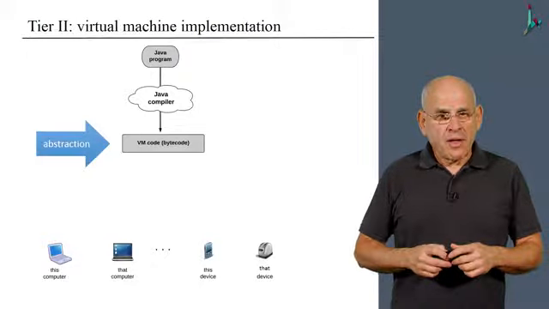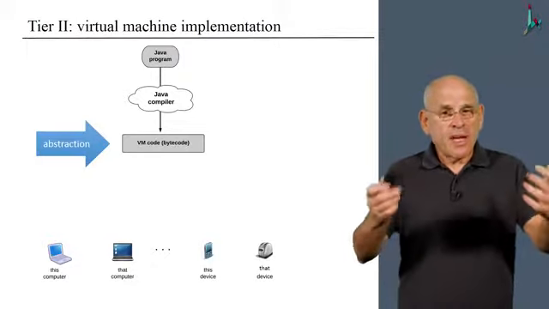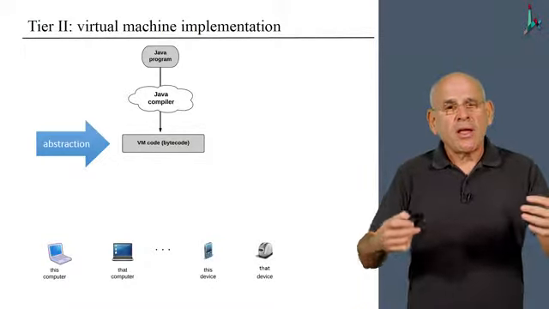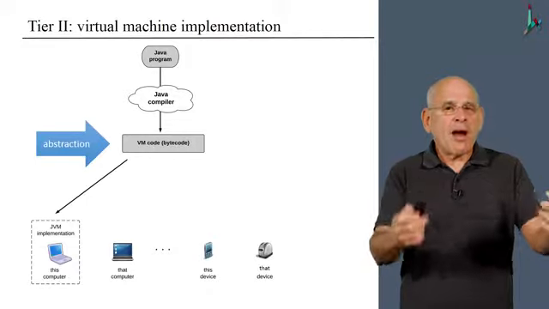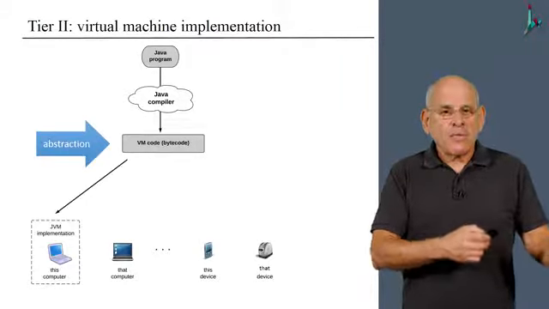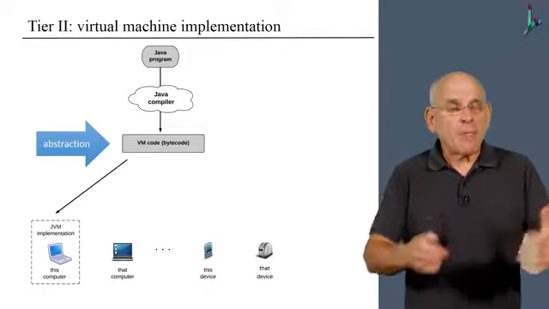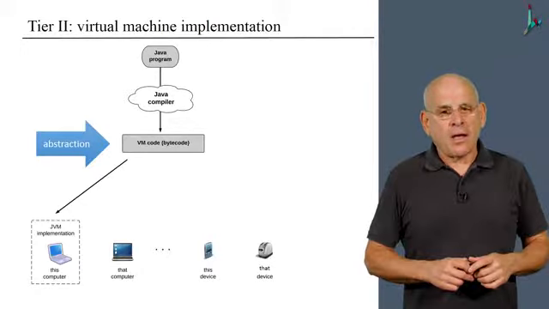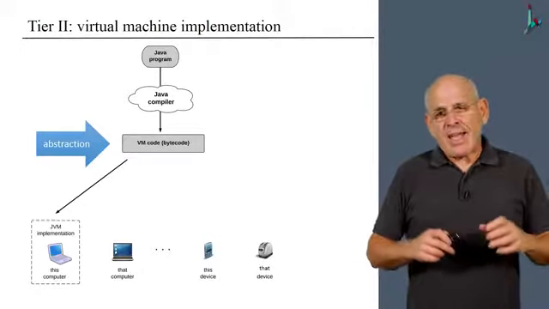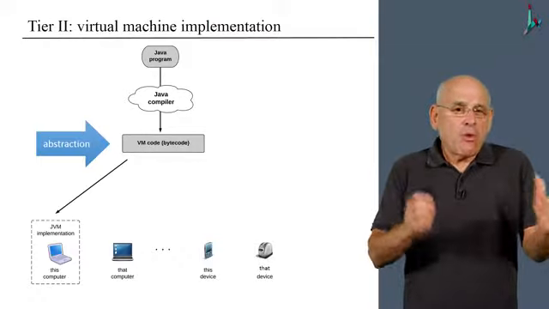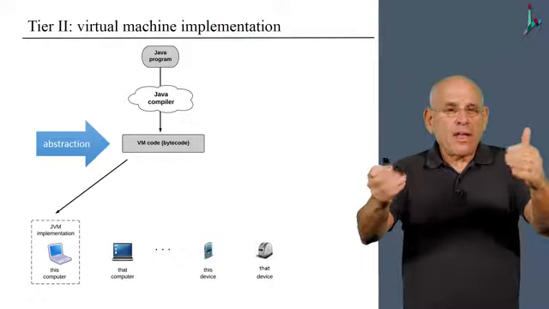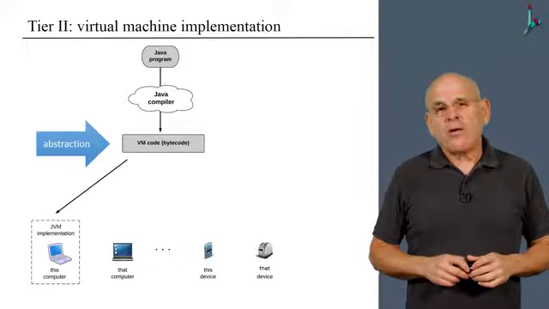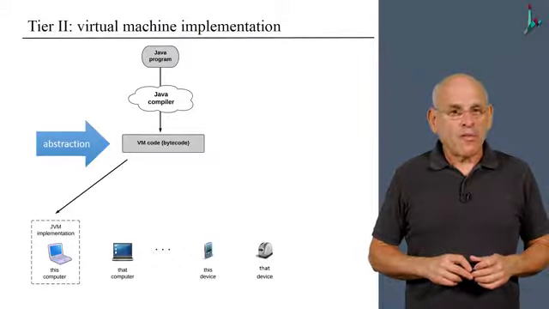So in order to do this, we need tier 2, the second tier or the bottom tier of the compilation process, in which we equip the target device with something called, in the world of Java, the JVM implementation, the Java machine implementation. And the JVM implementation is a program that takes bytecode and translates it finally into the target code of the target platform.